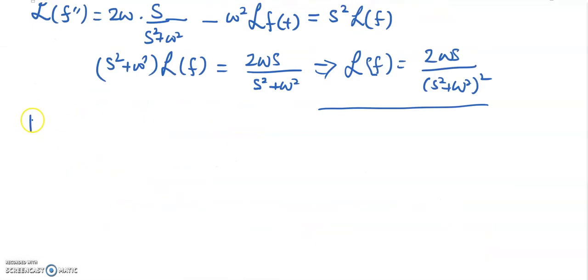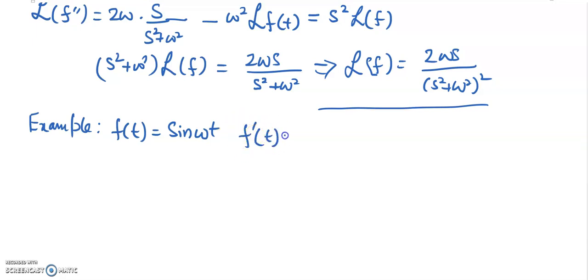Now let's take another example. Suppose that we don't know the Laplace transform of sine of omega t. Although we have already derived it before, suppose we don't know. In this case, if we want to derive it using the Laplace transform of the derivatives, we can take the derivative of this. It will be omega cosine omega t, and the second derivative will be minus omega square sine omega t.